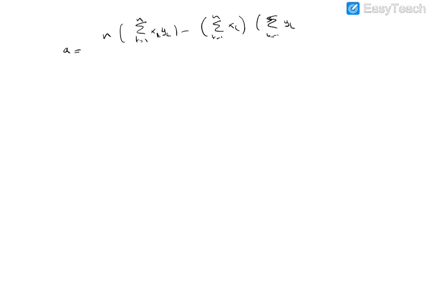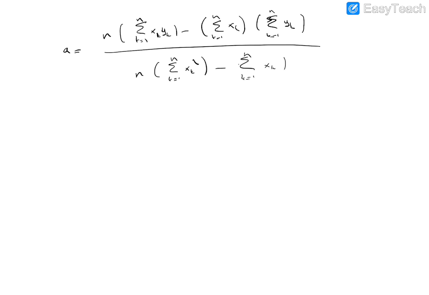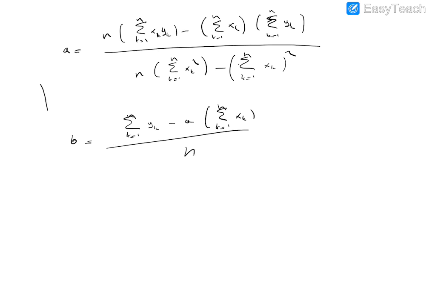Divided by n times the summation from 1 to n of xk square minus the summation from 1 to n of xk, squared. And the b value is the summation from 1 to n of yk minus a times the summation from 1 to n of xk, over n, okay. So by using these formulas, you can calculate your coefficients easily, okay.